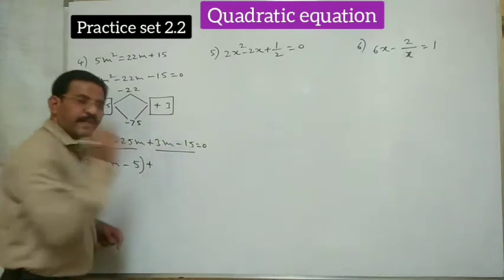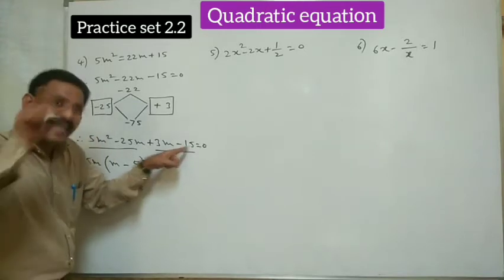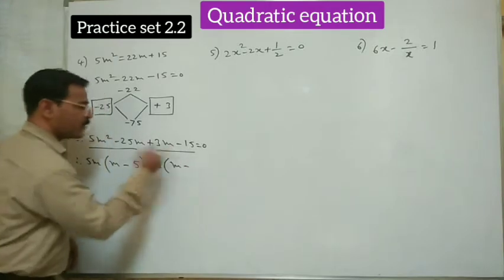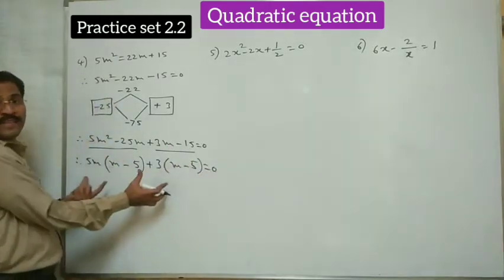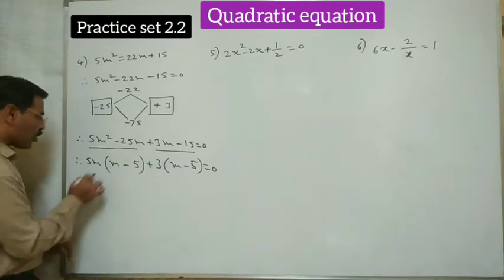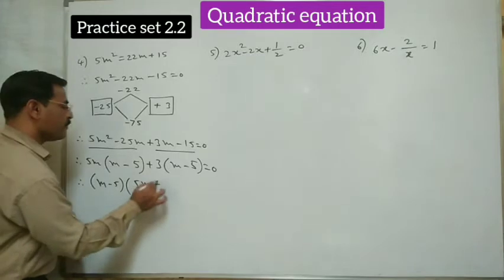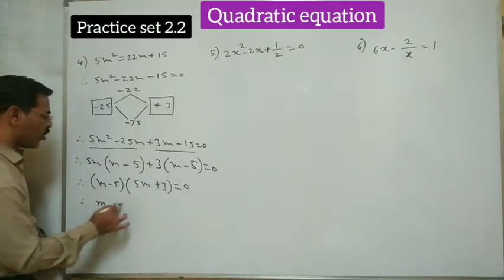Now 3 and 15: is there 3 in 15? Yes, 3 fives are 15, so you can take 3 common. So m is there and 3 fives are. Finished, we get the same bracket in both the terms. Take that bracket common here, m minus 5. How much remains here? 5m plus 3 is equal to 0. Now you can understand how all these work.